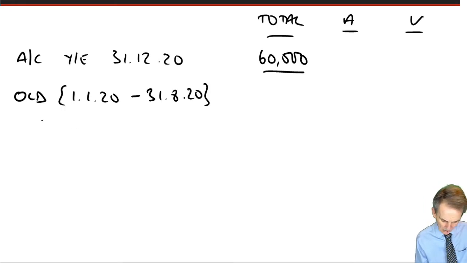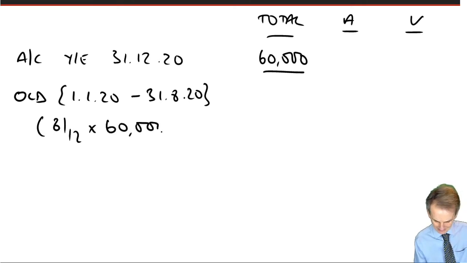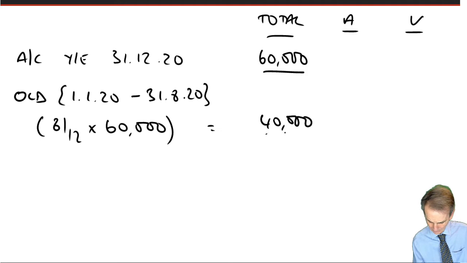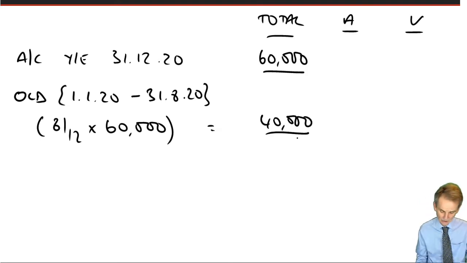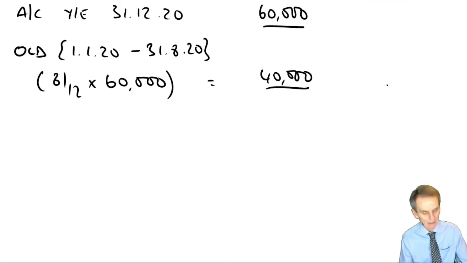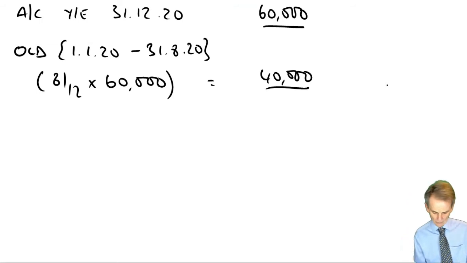So that, as we know, is some 8 of those 12 months of that period times the annual figure of 60,000. And that therefore means it is just 40,000 of that 60,000 that now needs to be split according to that old agreement.